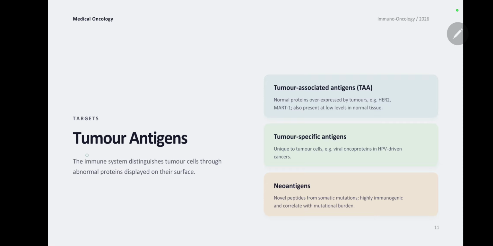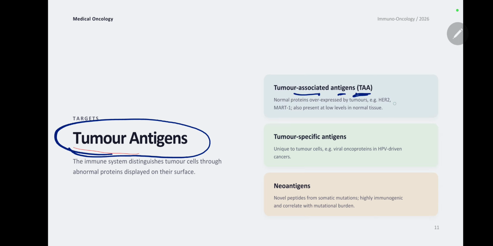Okay, and what are the different types of tumor antigen and what will happen about that? Mostly there are 3 types of antigen shown by the tumor. One is TAA, the tumor associated antigen.